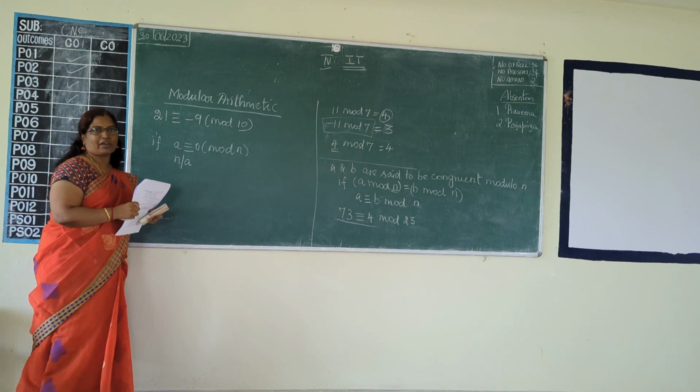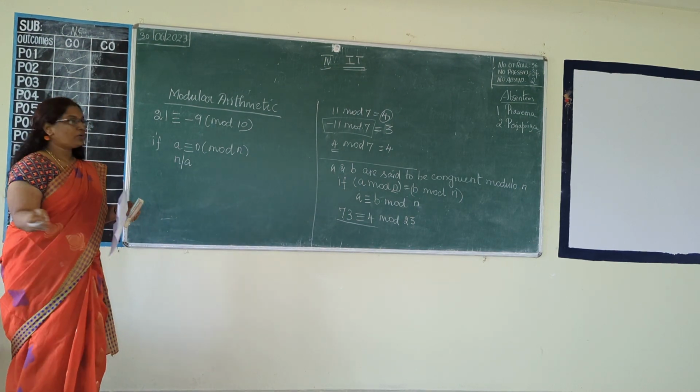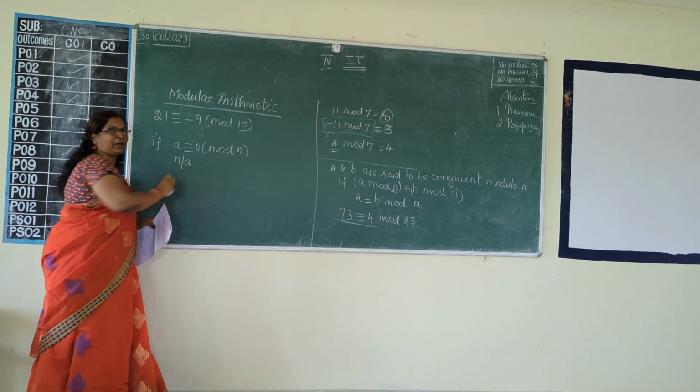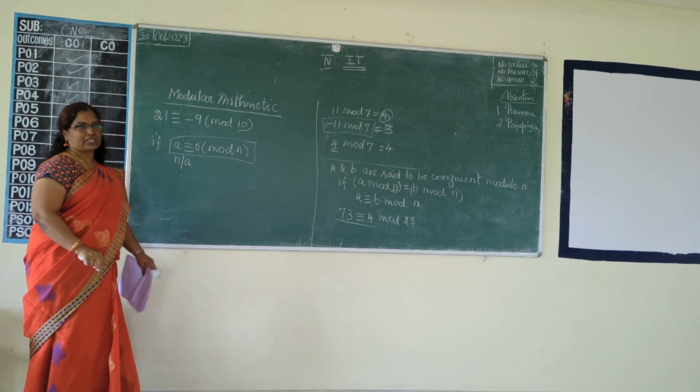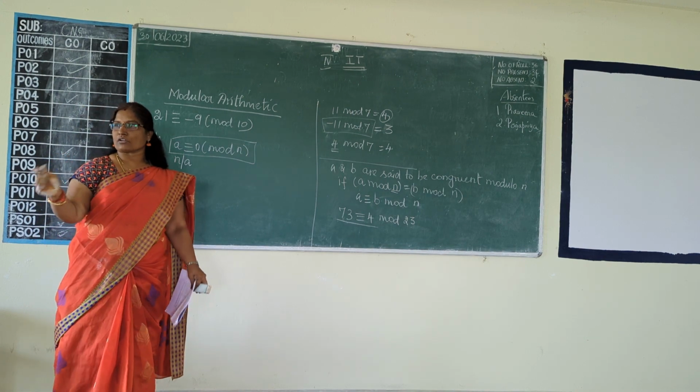There is no mod value. The mod value is 0. So A is fully divisible by n. This is one of the properties. Take note of a few other properties of congruence.